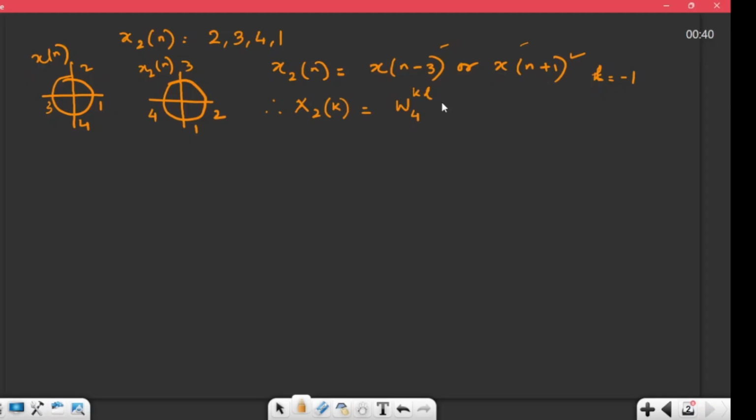K into L into x of k. So L is minus 1. So it is equal to W4 to the power minus k into x(k).